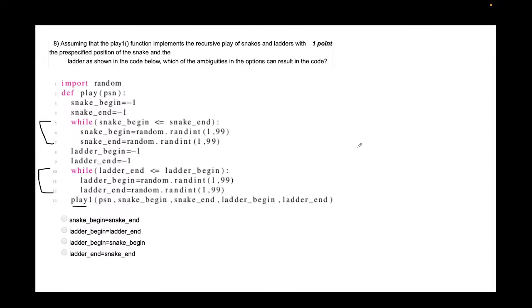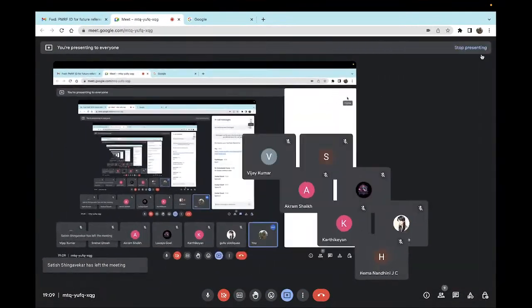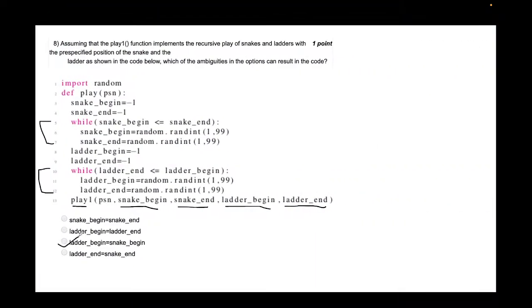At 90 you don't know what to do, whether you should climb up the ladder or do something else, because there is some logic error based on these four positions: snake beginning, snake end, ladder beginning, ladder end. So the correct answer is option C.